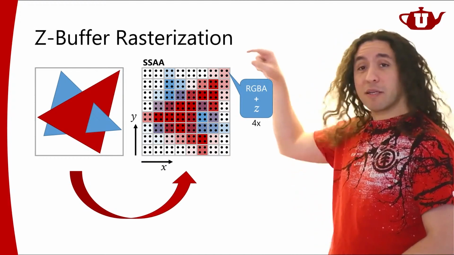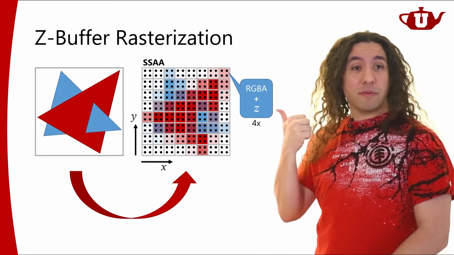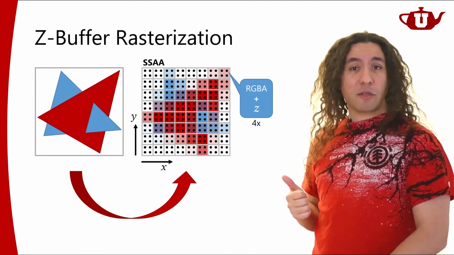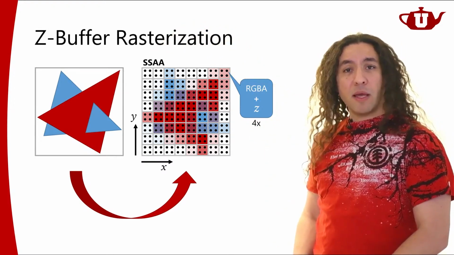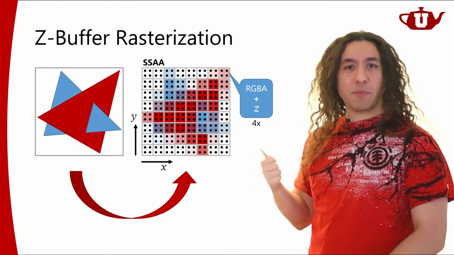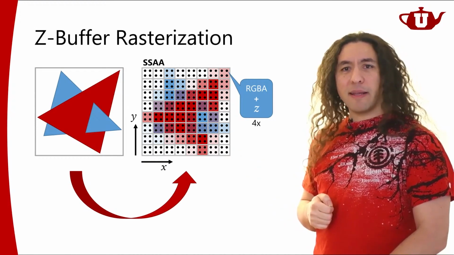So for each pixel, if I store multiple color values and multiple depth values, I can do anti-aliasing. This is what we call super sample anti-aliasing, SSAA. Super sample anti-aliasing with 4x will store 4 samples per pixel. You may think that this is overkill, and in some ways it is.